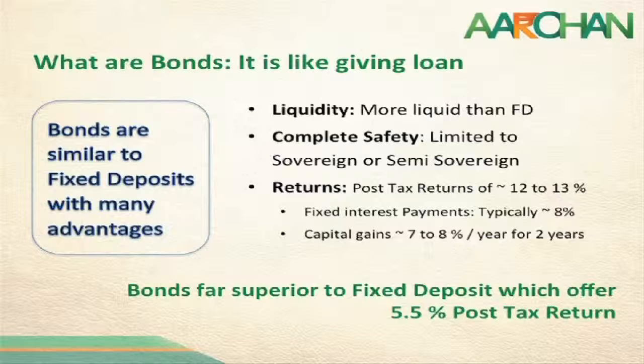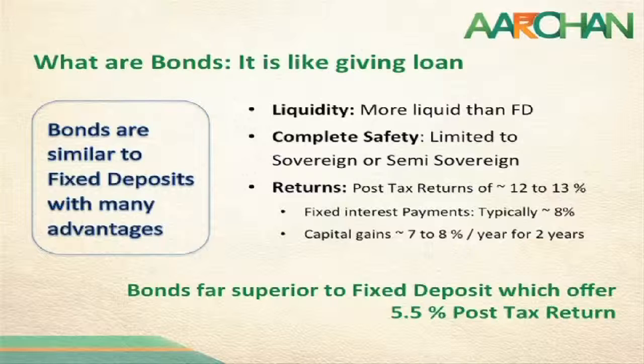And if you look at India, sovereign and semi-sovereign bonds are a bigger component of the overall bond market. And return, please don't confuse it with the coupon rate. Coupon rate is one dimension, right? They are typically fixed payments, typically around 8%. But there is a capital gain or loss, right?